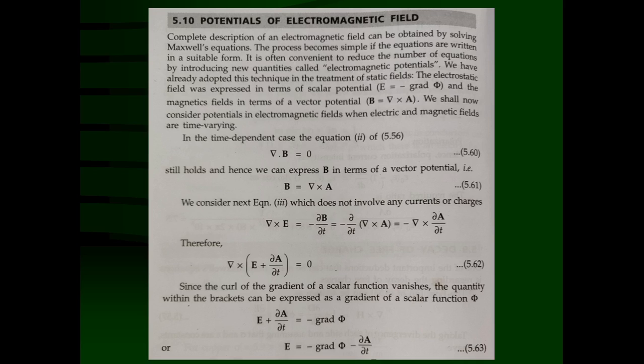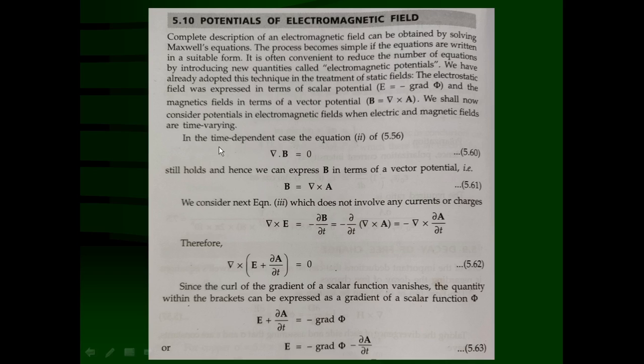So first we are going to utilize the homogeneous equations. We will solve these homogeneous equations, which do not contain charge. So it is true for static conditions as well as time varying conditions.